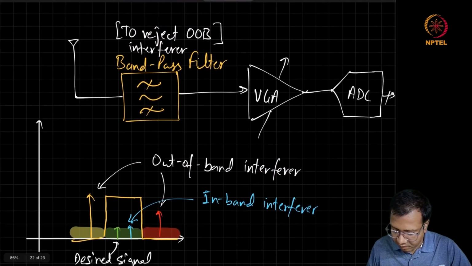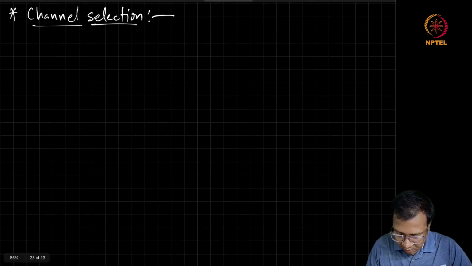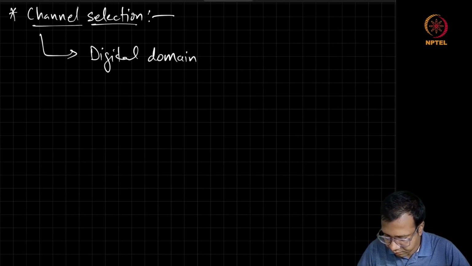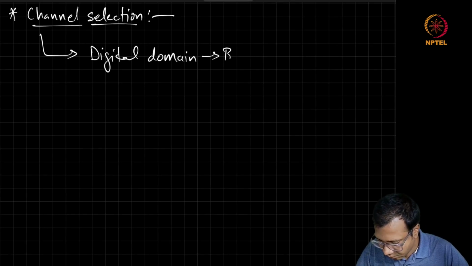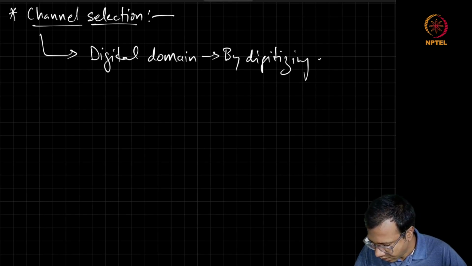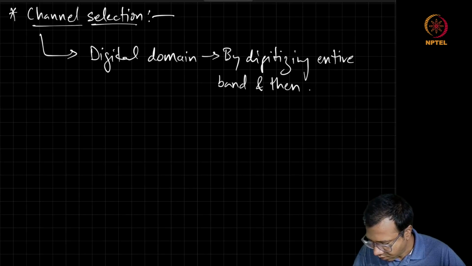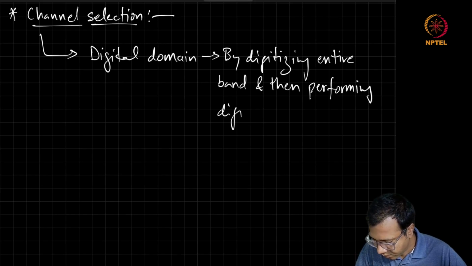The way we are showing, we can perform the channel selection either in the digital domain by digitizing the entire band and then performing digital filtering. Okay.